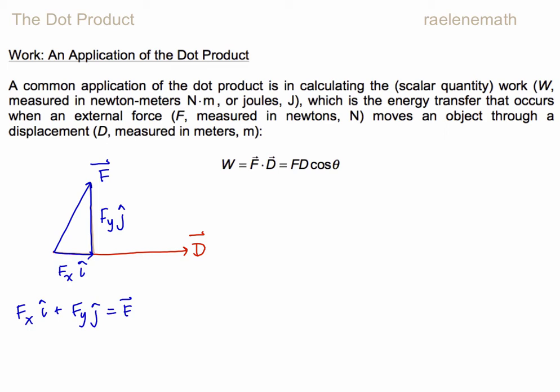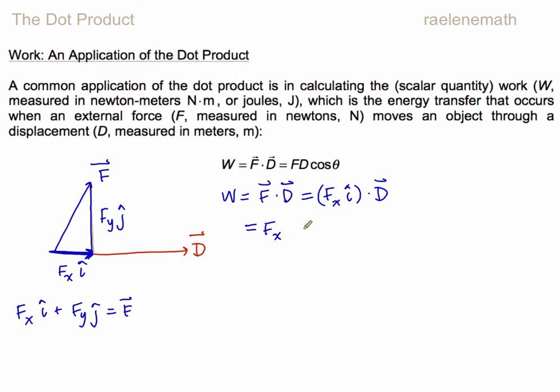And so we can see it is only the Fx i hat component which contributes to the work done. So the work that we are finding, F dot d, is the same as the Fx i hat vector dotted with the displacement. But the point about the i hat and the d vector is that they are in the same direction.